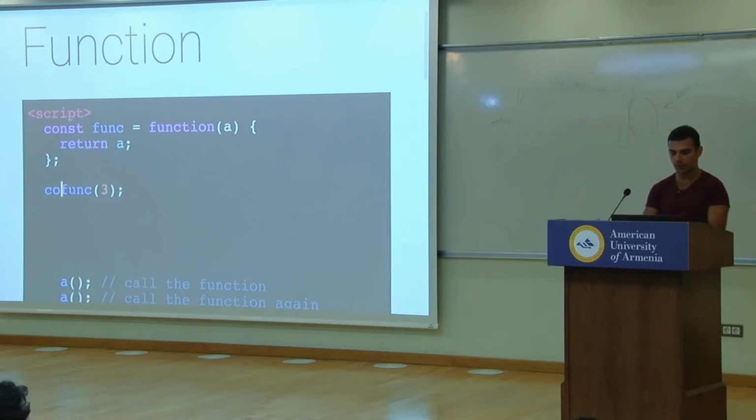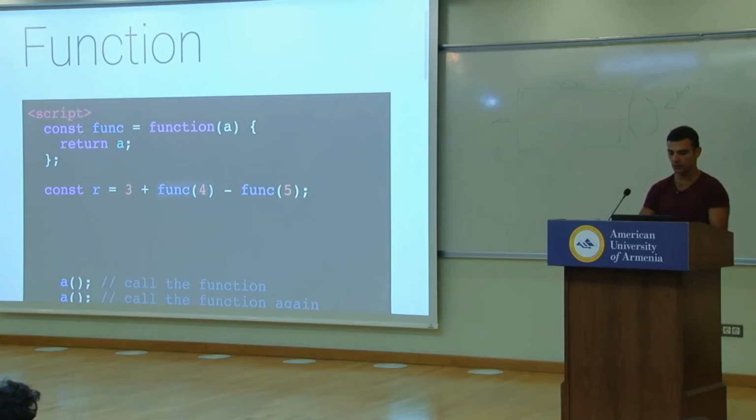So we do const r is equal to func3 plus func4 minus func5. Well, func3 will call a is 3. It will return a, which is 3, and therefore this will execute and turn into 3.